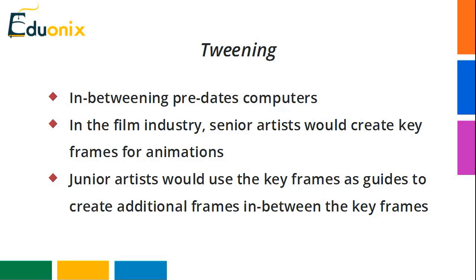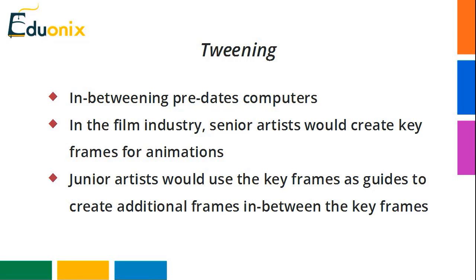So in the last lesson I discussed stop motion animation, and I showed how animations are illusions of movement created by images that change slightly between frames when they're played quickly. And in this lesson I want to talk about tweening, which is a way of automating the process of creating frames.